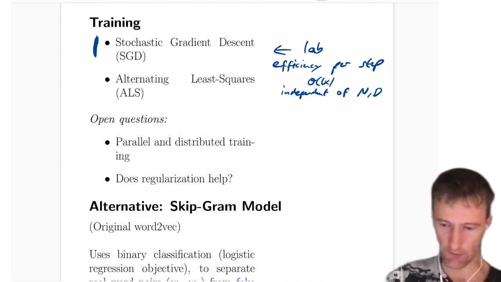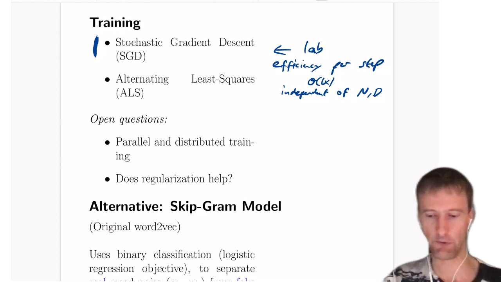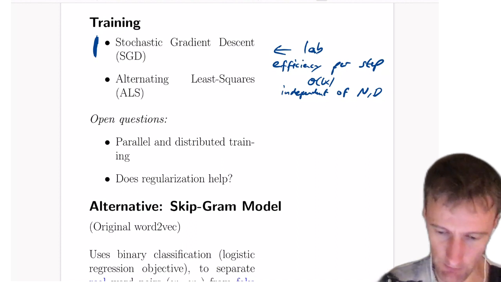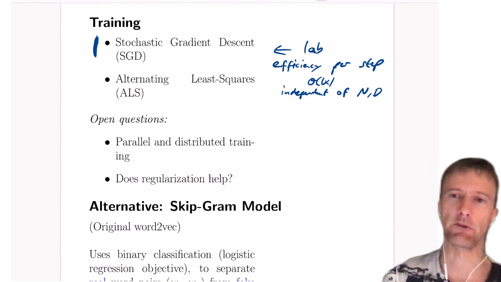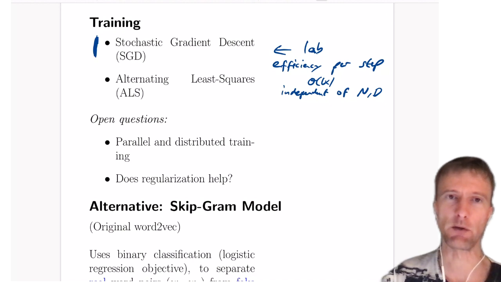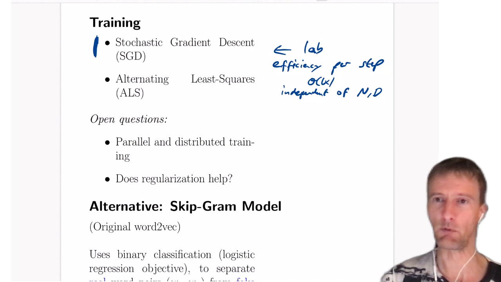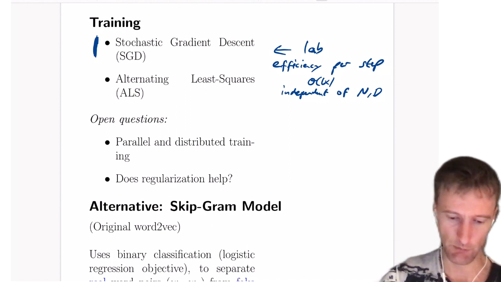That's very nice, and this also makes this a successful method in practice. And yeah, it's mathematically identical to what we have done for the recommender system. It's just a very, very different application, and it has taken a long time until people realized that the same thing can be applied to these very different applications.